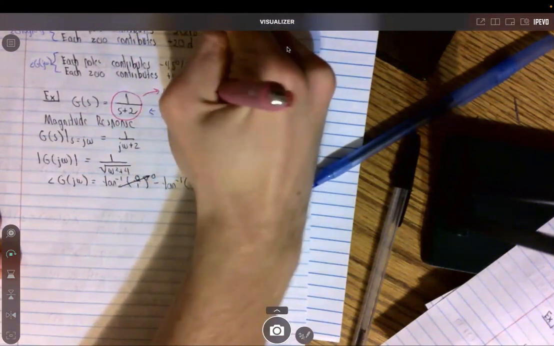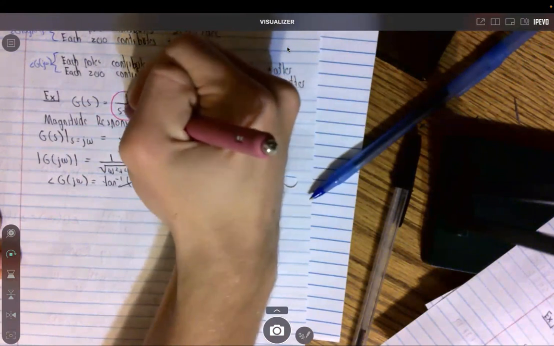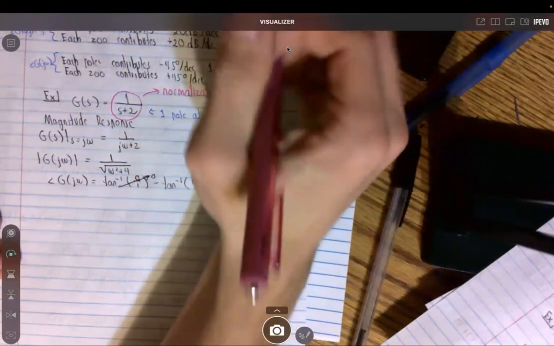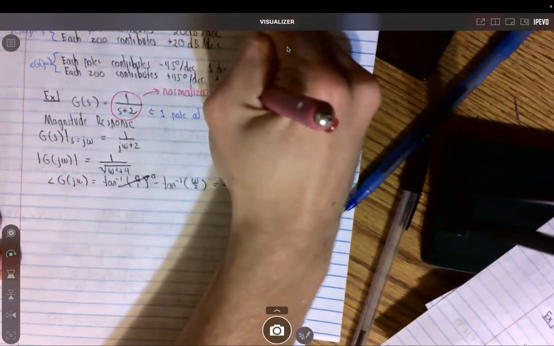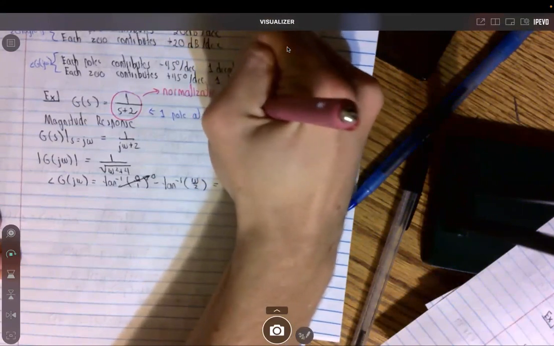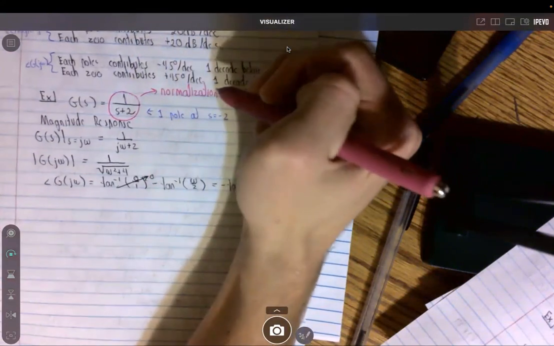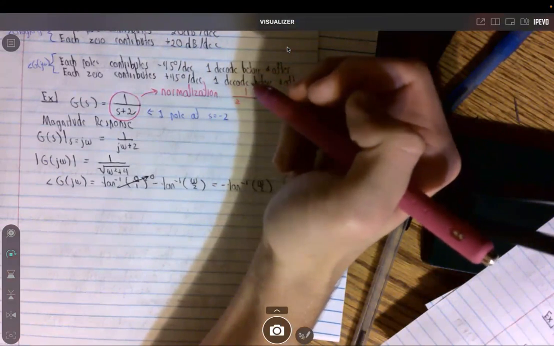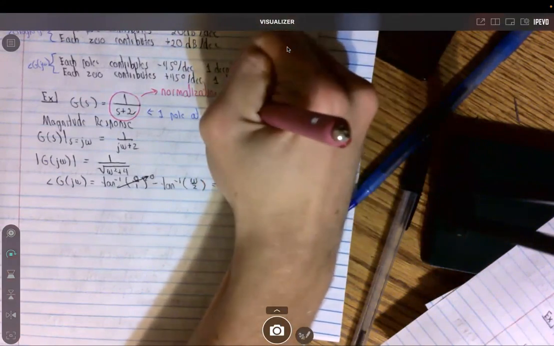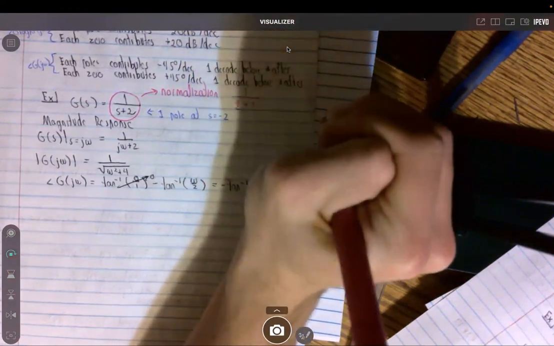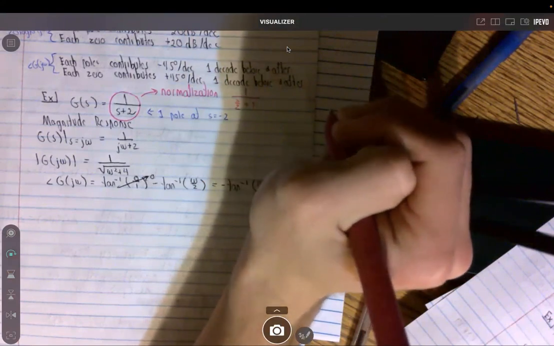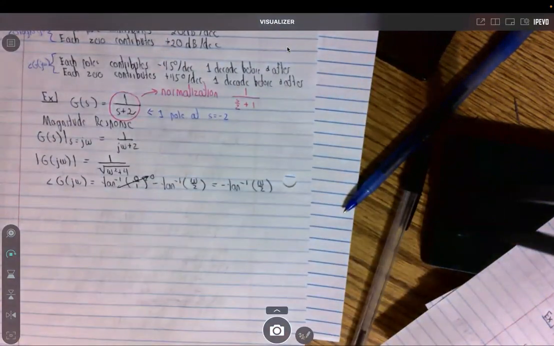And what do I mean by normalization? It's so you get an s plus 1. So they're going to do 1 over, and if you factor out a 2 from the whole denominator, it would be s over 2 plus 1. So this would be divided by 2 over 2.